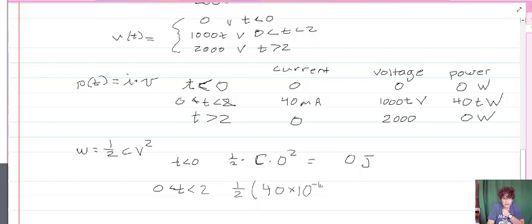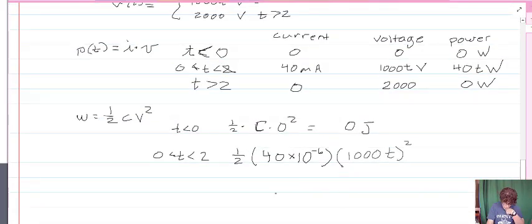So 1/2 times 40 times 10 to the negative 6 times 1000 squared, I get to be 20 t squared joules. Now the book that I got this out of had an answer of 20 t squared millijoules, but I checked my work and I didn't see where a milli would be in there. But if someone does, leave me a comment or send me an email.